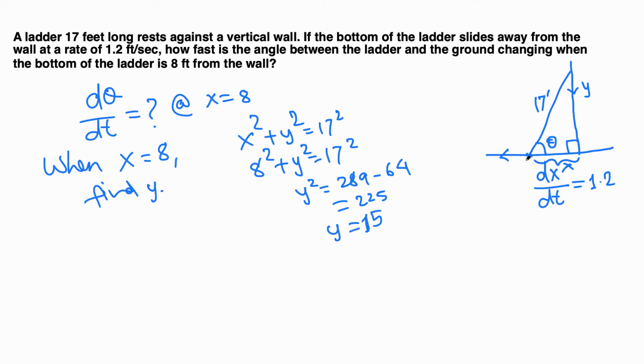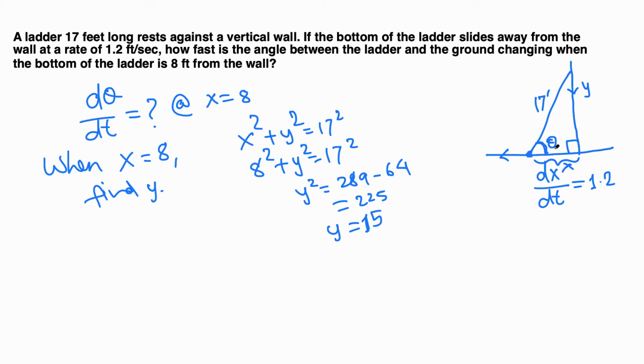This ladder is sliding away, but at the moment when x is 8, when the bottom of the ladder is 8 feet away from the wall, the top is falling down and this distance is 15 feet, so we might have to use this later. Now we are asked to find the rate of change of this angle theta.